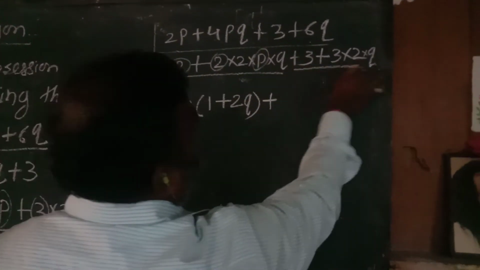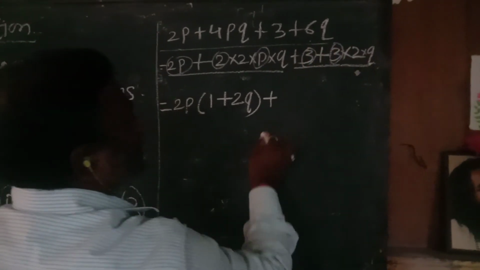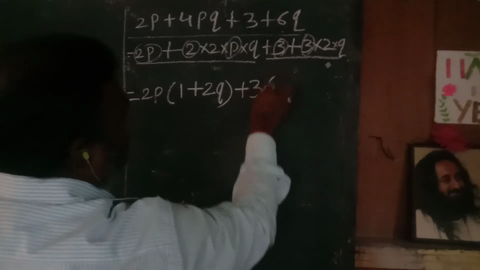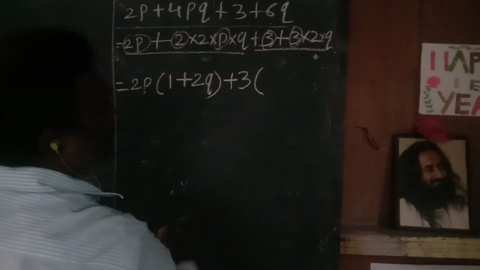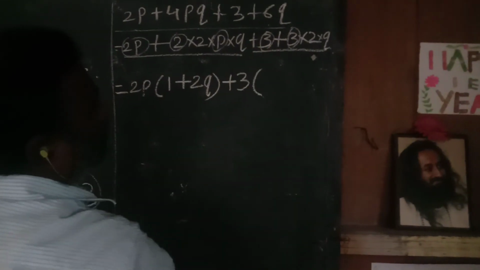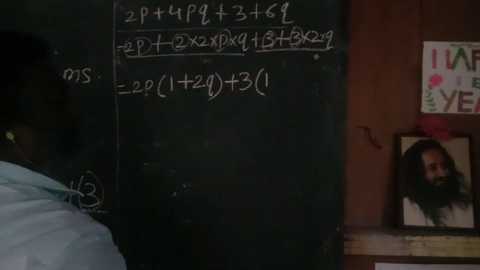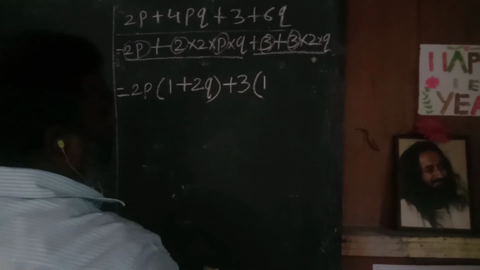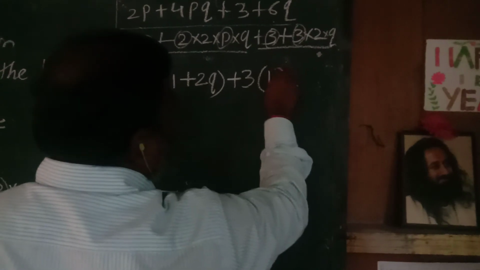Now for the last two terms, here it is 3 and here also we are having 3 as common. Then we have to take the common number outside and put the remaining in the bracket. Here we already removed 3 from their place. Nothing is balanced. Then we have to put 1. Put the sign plus as it is.